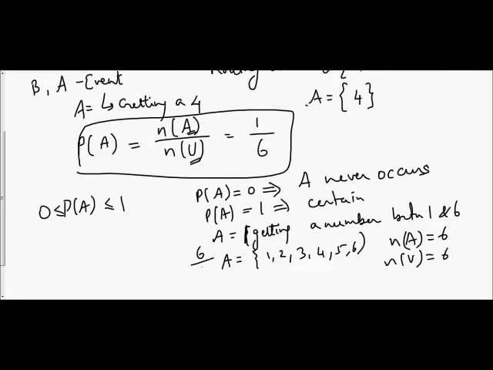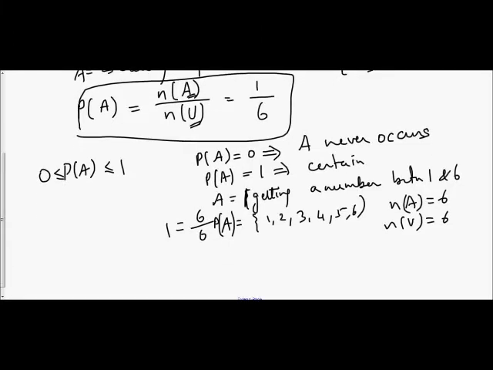Therefore 6 over 6 is 1, which is the probability of this event. So it is a sure idea that you will be getting a number between 1 and 6 when you roll a die. So when you get probability of an event to be equal to 1, then that event is very much certain to occur. Okay, 100% sure that it occurs. Okay, any other event would have a probability between 0 and 1.